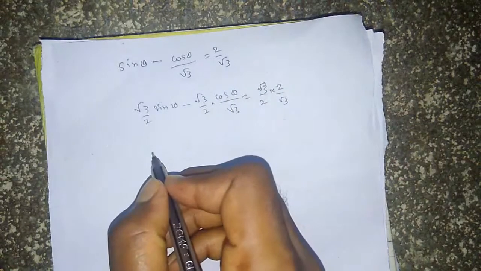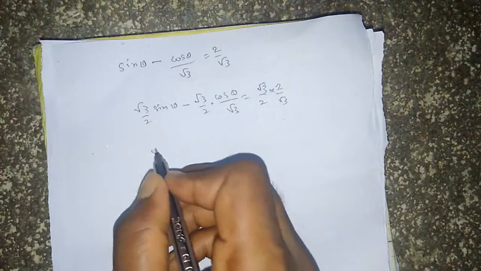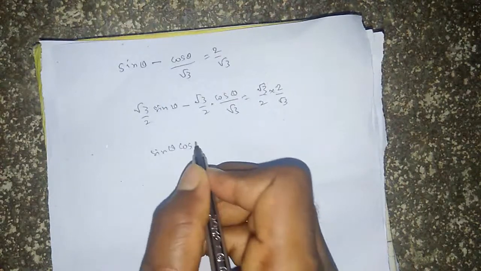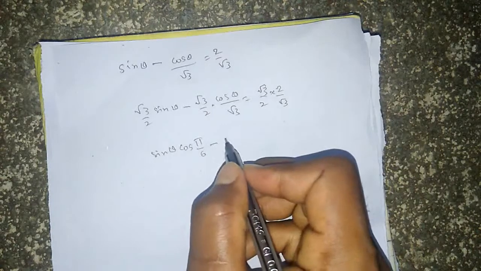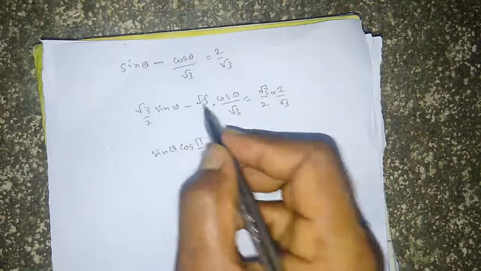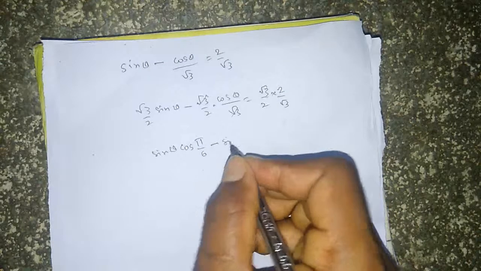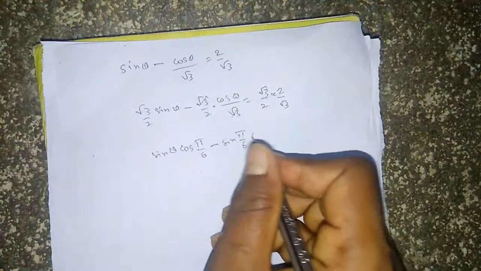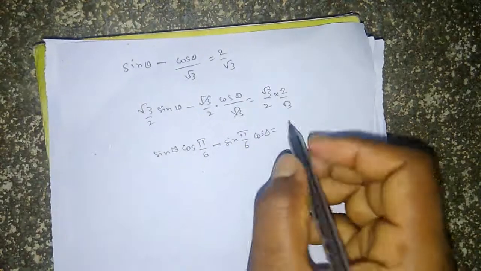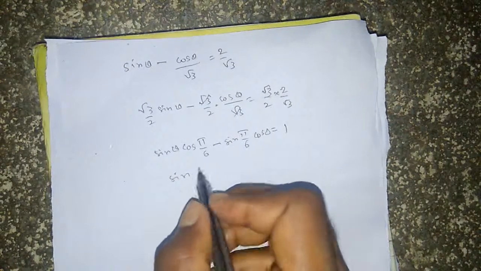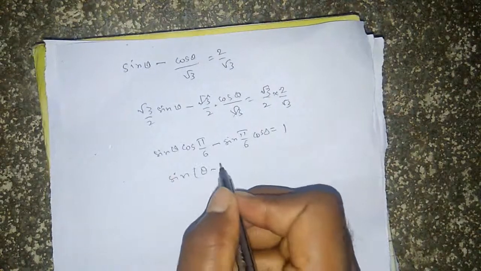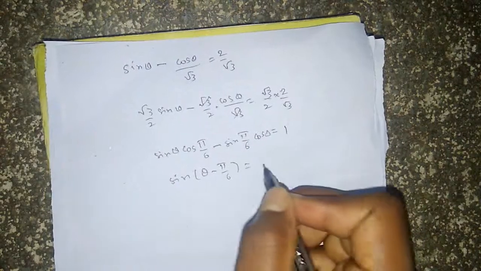This is sin theta into cos pi by 6 minus, root 3 gets cancelled, sin pi by 6 into cos theta, that is equal to 1. This is sin a cos b minus cos a sin b, sin of a minus b, that is equal to 1.